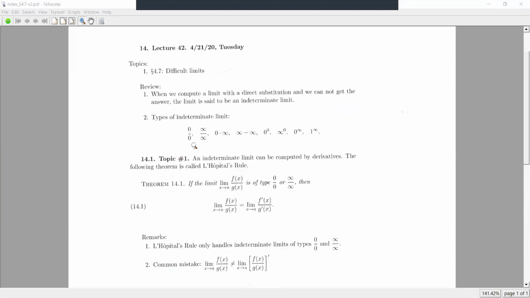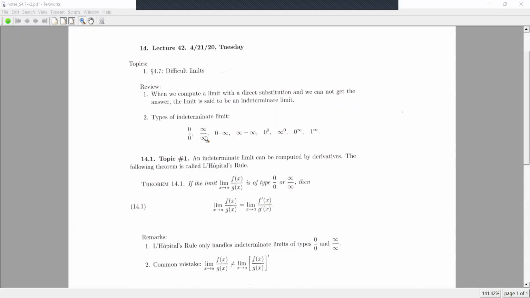If it is 0 over 1 million, we are sure we can tell it is 0. If we get 1 million over 0, we also can determine it is infinity, but for 0 over 0, any number can be possible. So we cannot determine what 0 over 0 is.